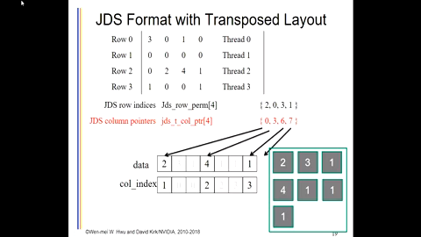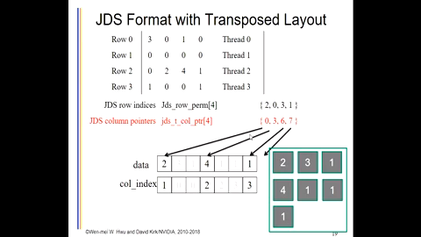And then we're going to have the JDS column pointers. These are the markings of the original columns, which are now the beginning of each row in the transposed form.